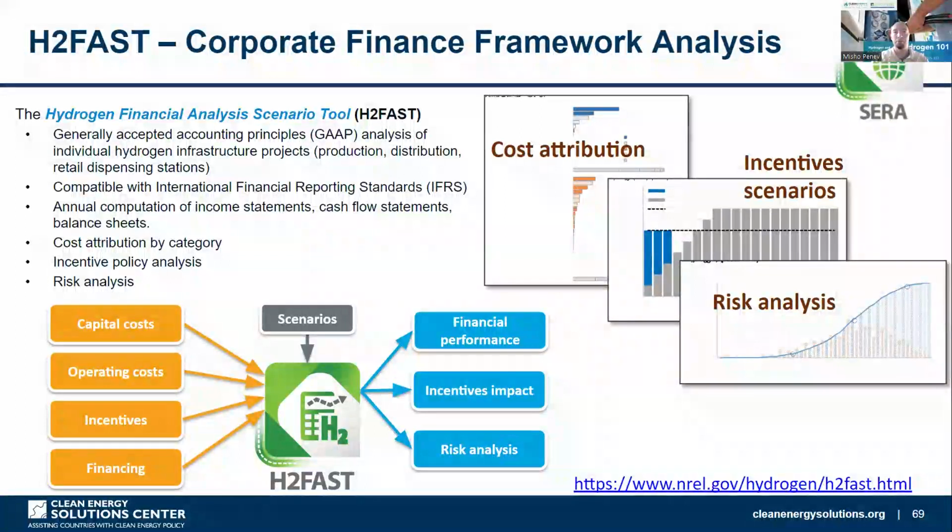For example, if you don't have a good handle on what the interest rates might do, you can tell the model, I think the interest rates are most likely to be X, and it might range between this and this level. Then the model will provide you a readout of what the impacts of that risk look like. Next slide, please.